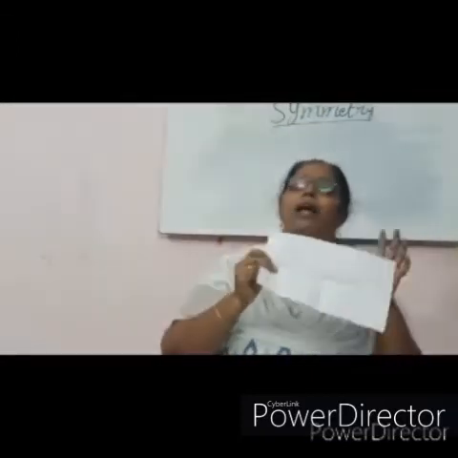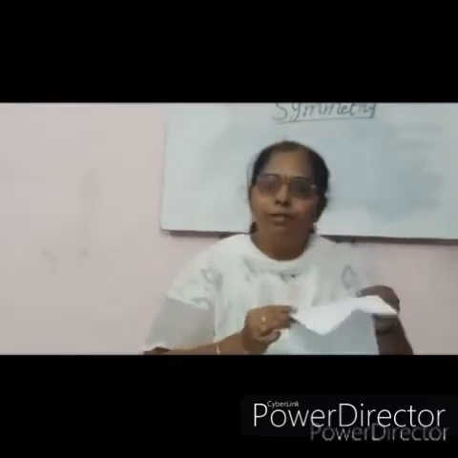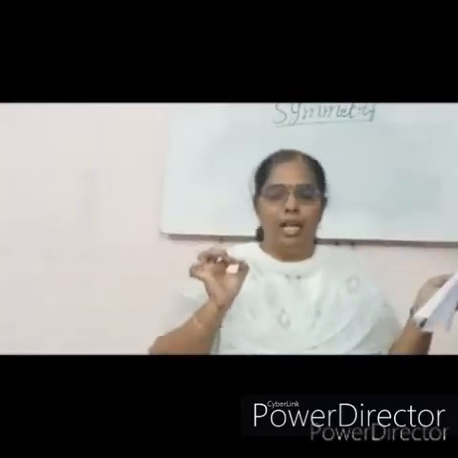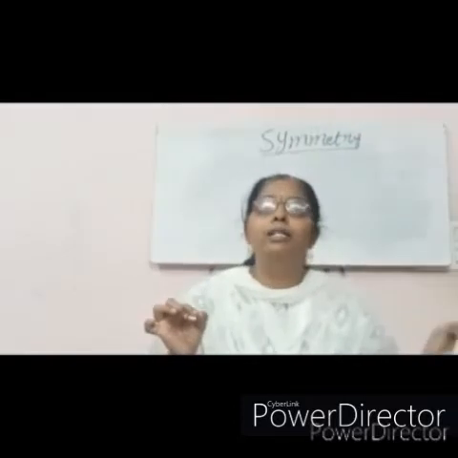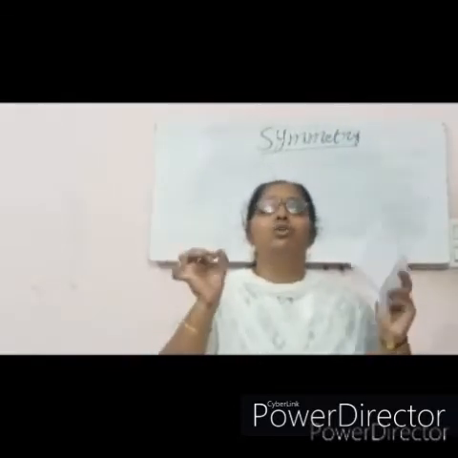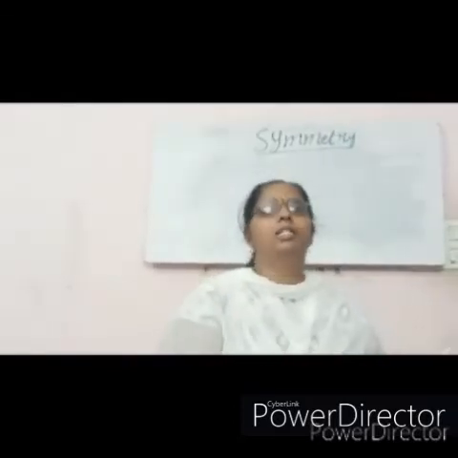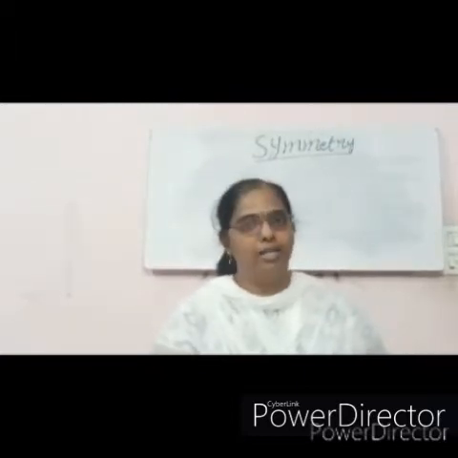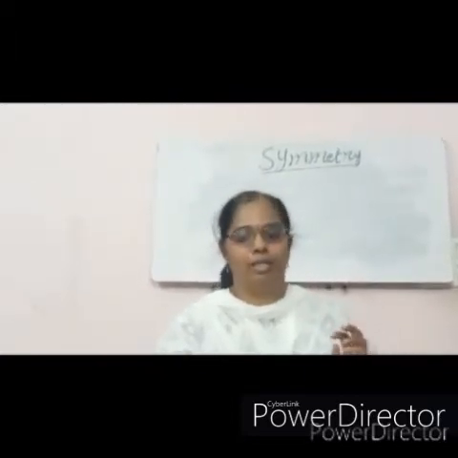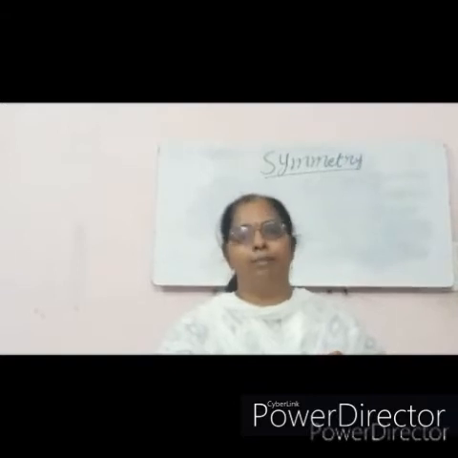So, what is a line of symmetry? A line of symmetry is an imaginary line which divides an image into two equal halves.